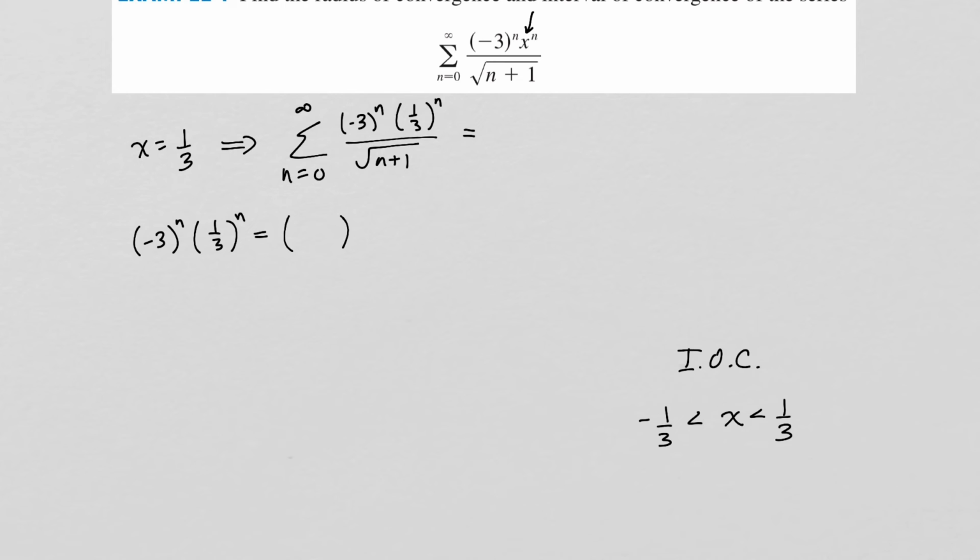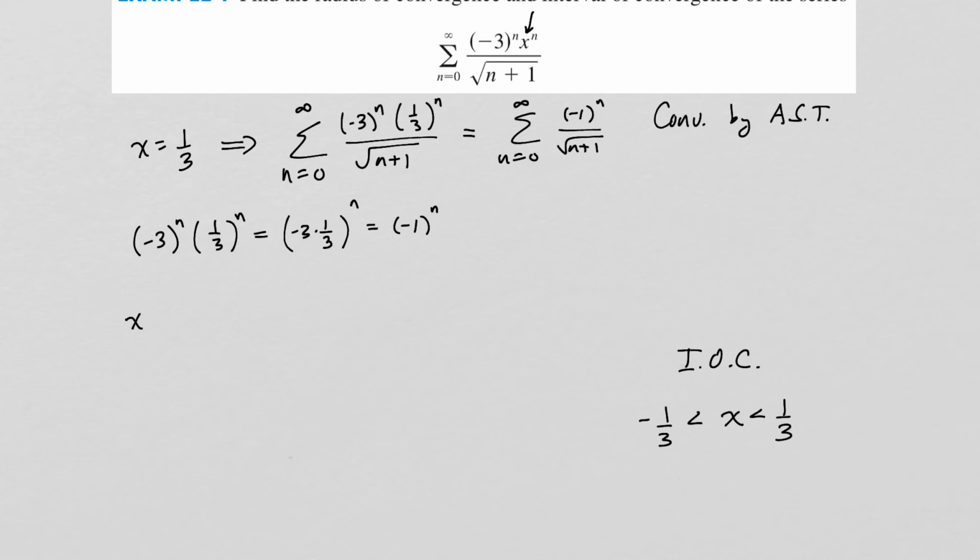Well, since they both have the n power, we can just multiply -3 times 1/3, and that's going to be -1 to the n. So we have the sum n equals 0 to infinity, -1 to the n, over the square root of n plus 1, and this converges by the alternating series test. So if you want to pause for a moment here and verify that this converges by the alternating series test, go ahead and do so.